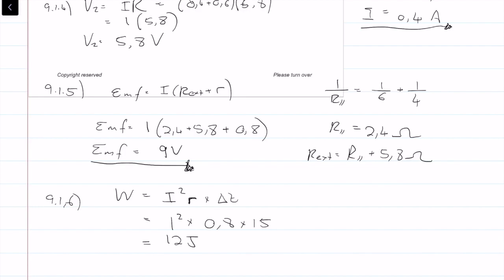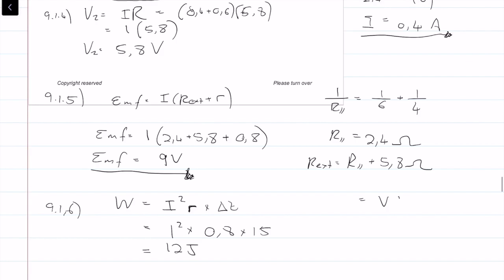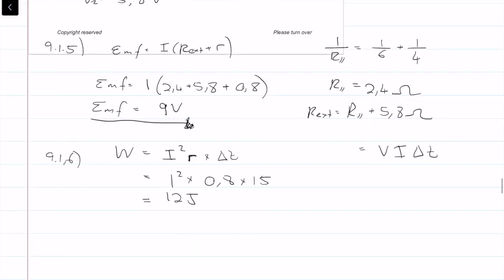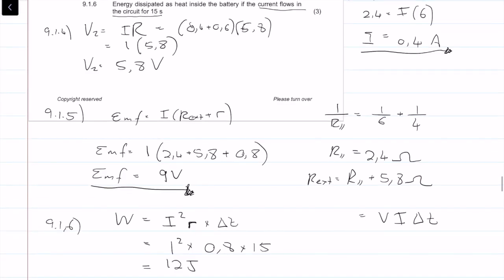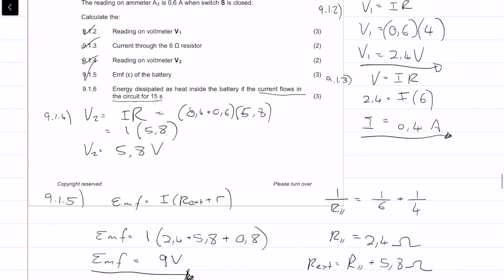There are a number of ways you can go about it. You can try using the equation W equals voltage times current times delta T, or we can even use the equation W equals voltage squared over the resistance times delta T. Remember we're using small r here, because we want the current flow inside the battery, so the heat dissipated inside the battery.